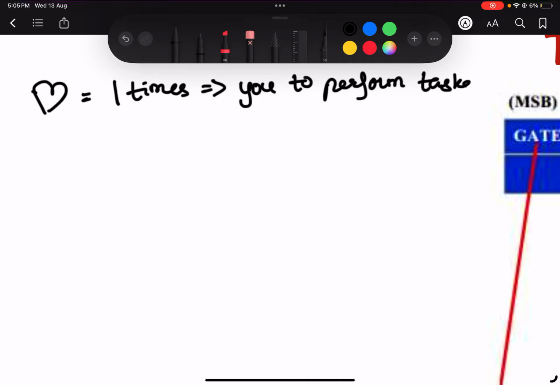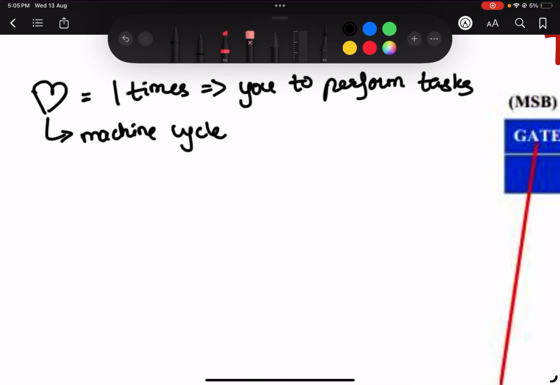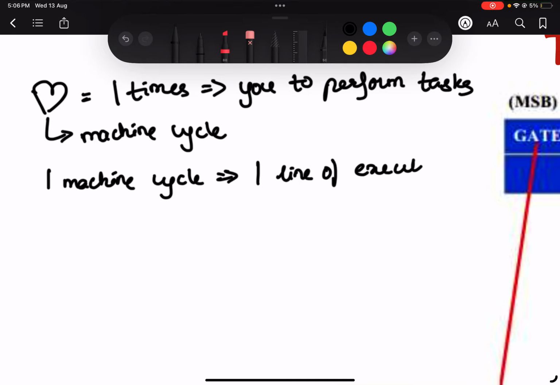This heartbeat of yours, each time it beats, it's one machine cycle. Similarly, in the microcontroller, for any work to happen, one machine cycle implies one line of code executed. Well, this is not entirely accurate. I'm just saying this so that you have a picture in your head.